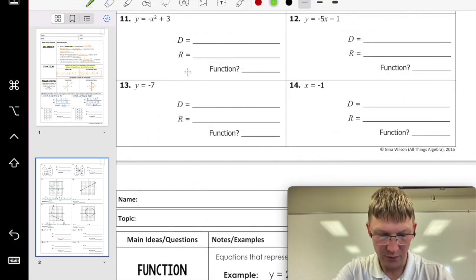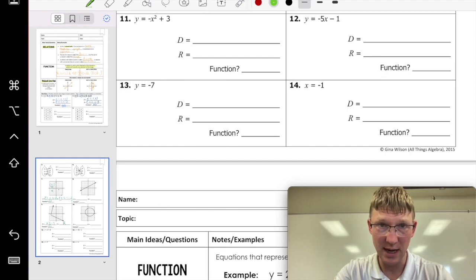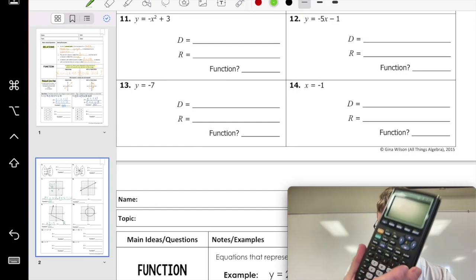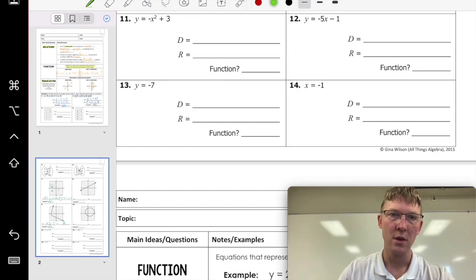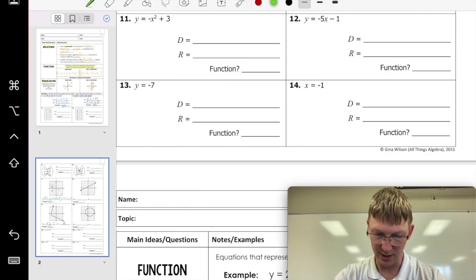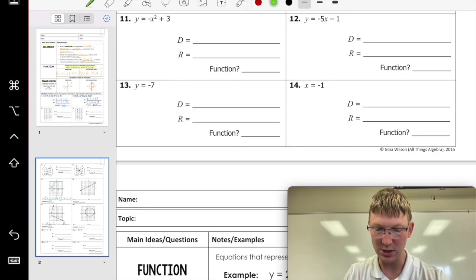So for 11, 12, and 13, what I would do is use your handy dandy graphing calculator. This is an old one, but whatever. Graph it in your calculator, look at the graph, and then you can figure out what the domain and the range is and whether or not it's a function.